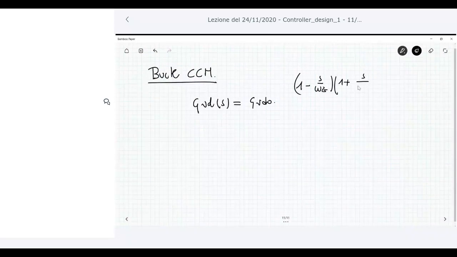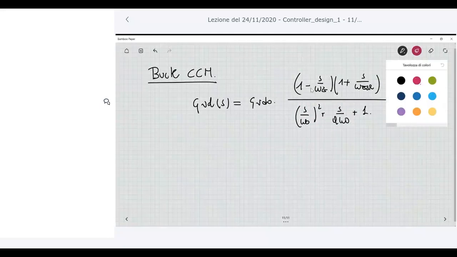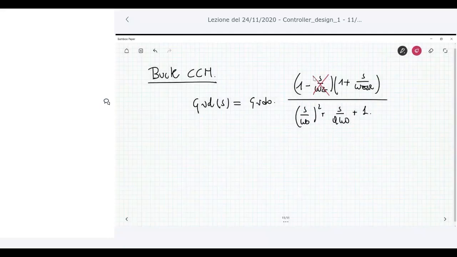We have some zeros, and we have poles. What I'm writing here is the general expression. Some of these terms disappear depending on the converter we are looking at. Buck CCM, for example, does not have this zero here.